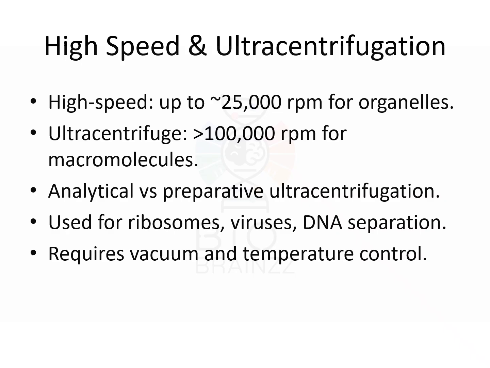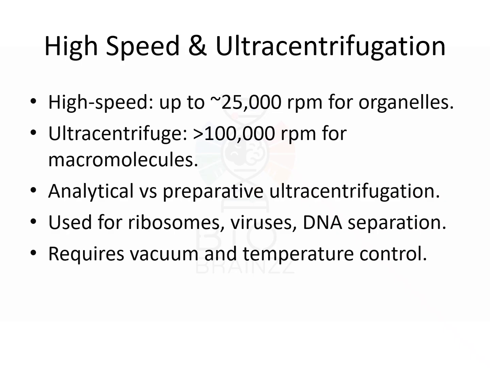High speed and ultracentrifugation. High speed centrifugation can reach up to about 25,000 rpm and is mainly used to separate cell organelles like mitochondria. Ultracentrifugation is much more powerful and can go up to about 1 lakh rpm, which is used to separate very small particles like ribosomes, DNA, and viruses.